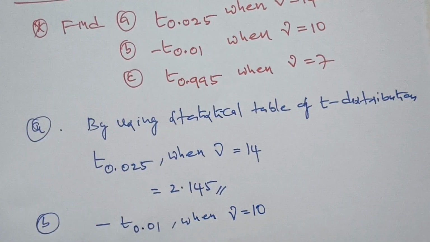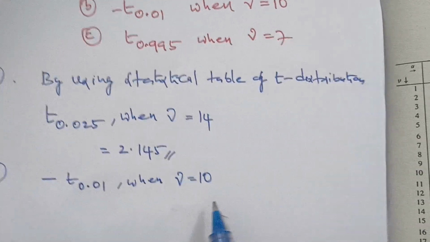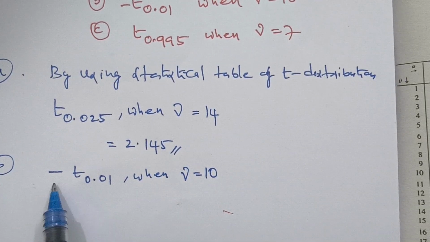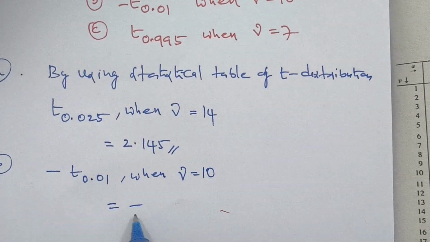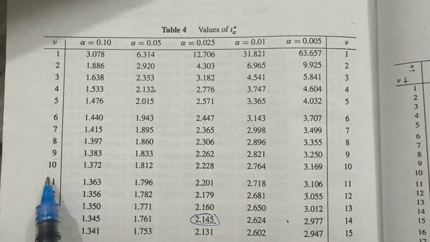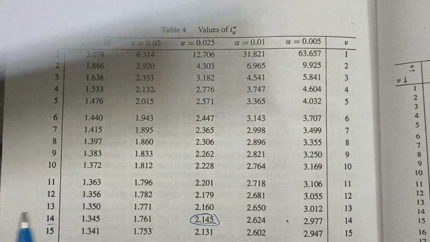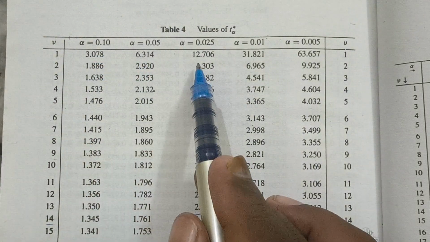And the second problem is minus t 0.01 when nu equals 10. So on the same table we use nu equals 10. Here, 10th row, 0.01 column alpha.